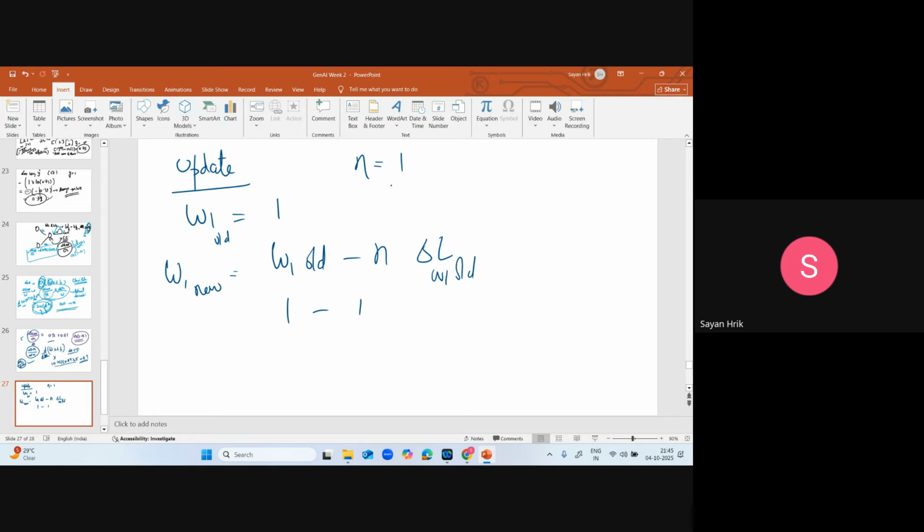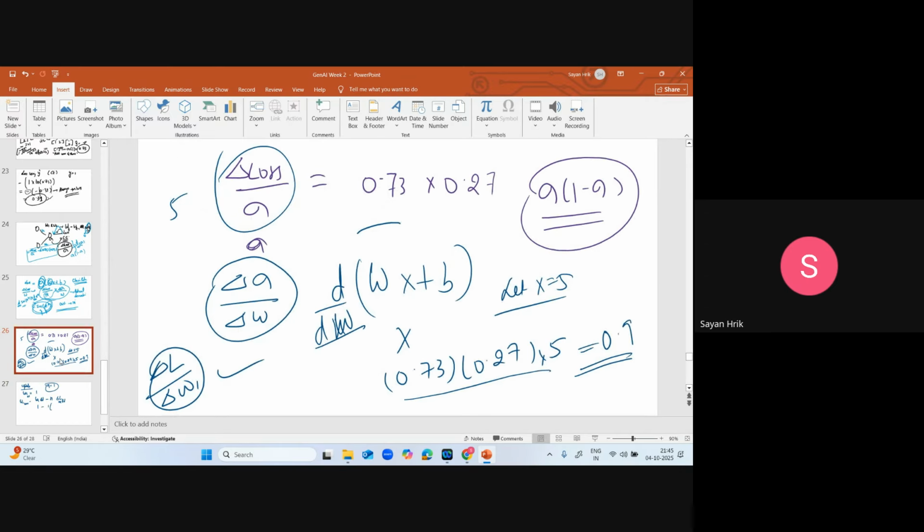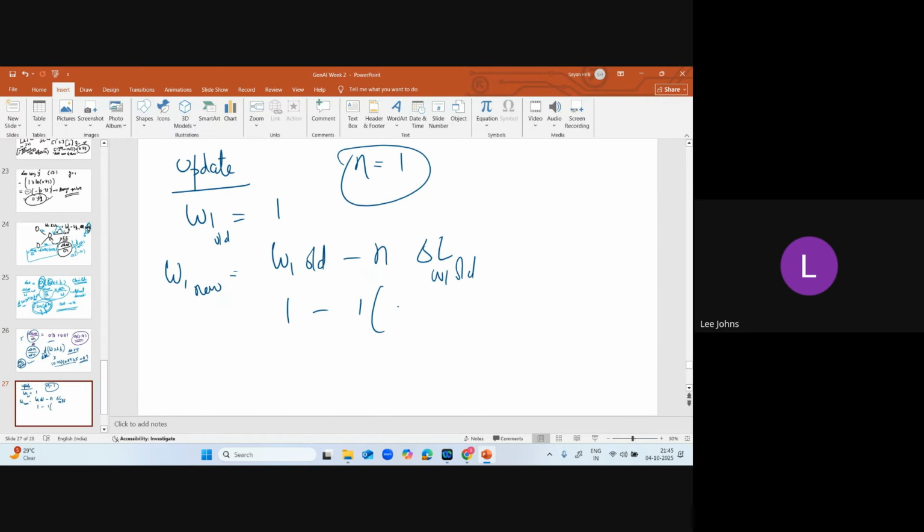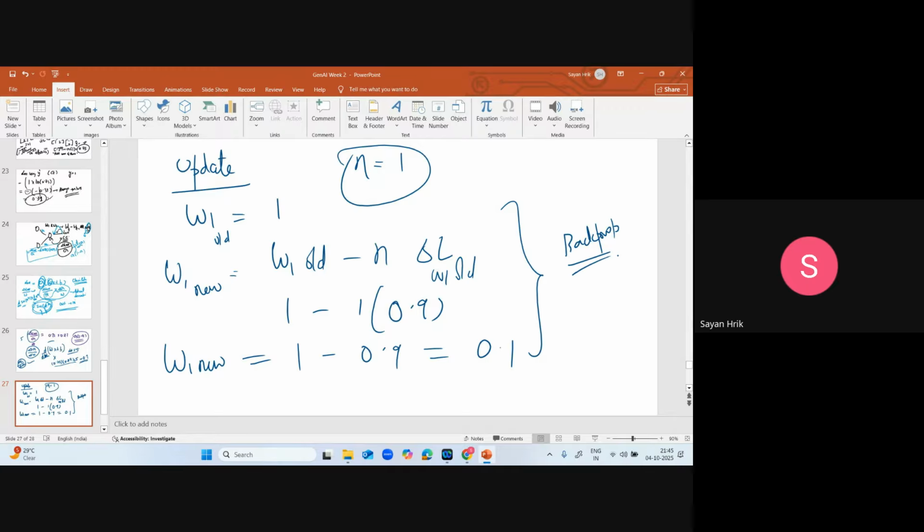The eta value will always be given in the question. Into the gradient. What is the gradient? 0.9. So what is the final value of w1 new? 1 minus 0.9, which is 0.1. And this is basically your backprop. You have updated the weight. Got it?